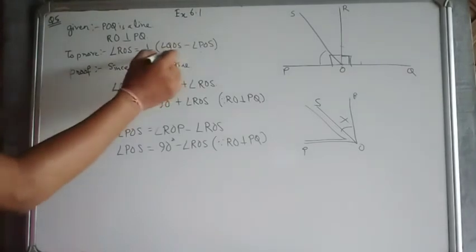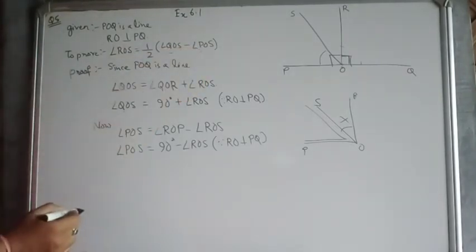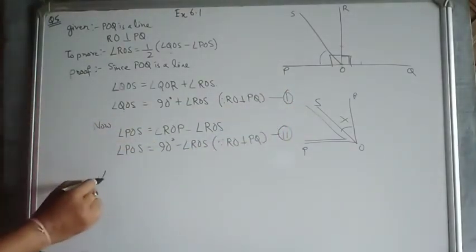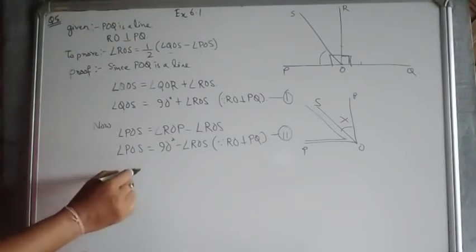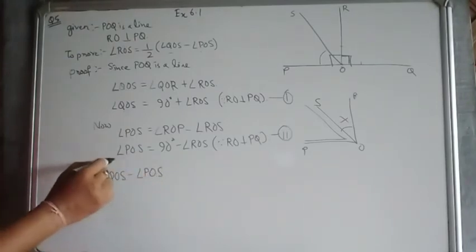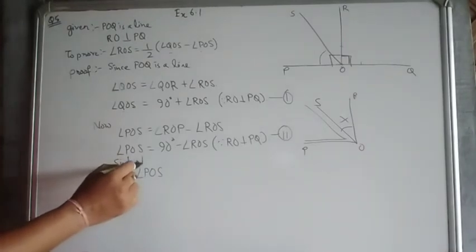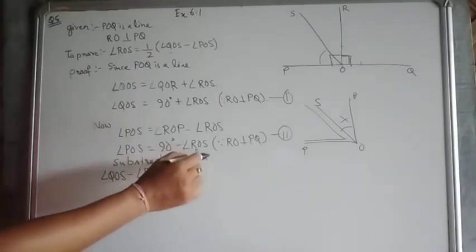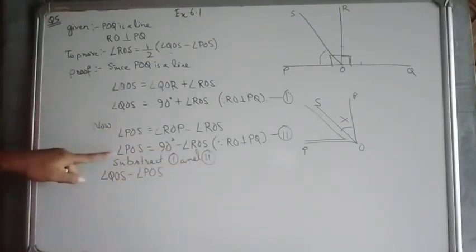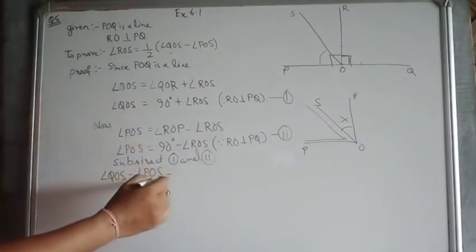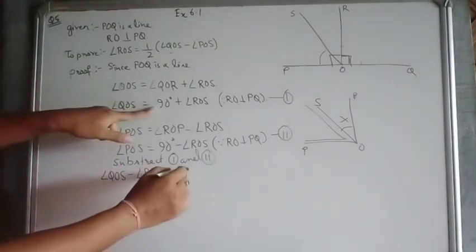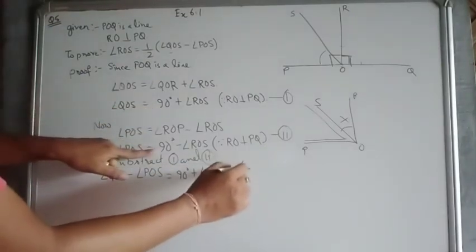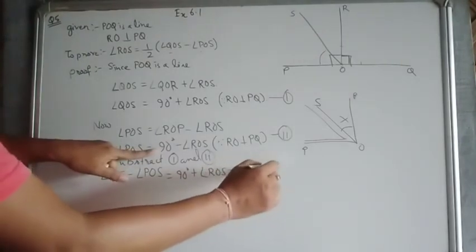Now what we have to do is one subtraction. So this and this we will subtract. So this is suppose 1, this is number 2. So angle QOS minus angle POS, subtract 1 and 2. So this minus this will be equal to this minus this: 90 plus angle ROS minus, 90 minus angle ROS.